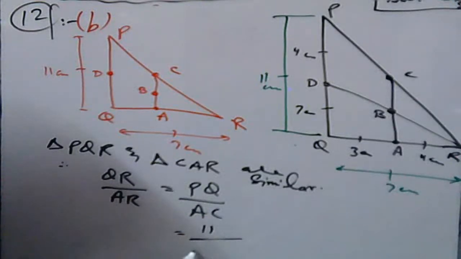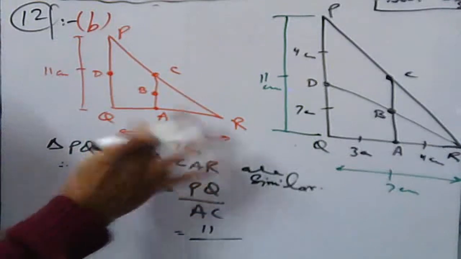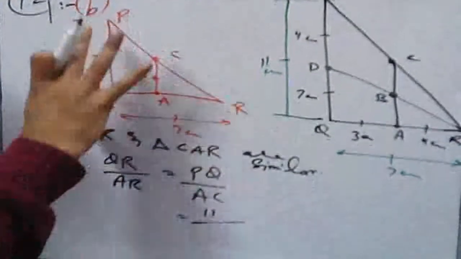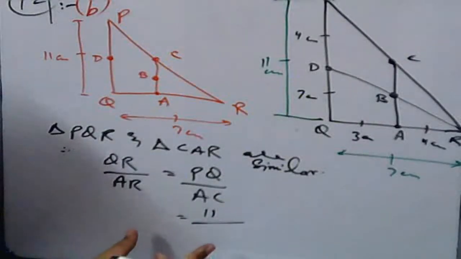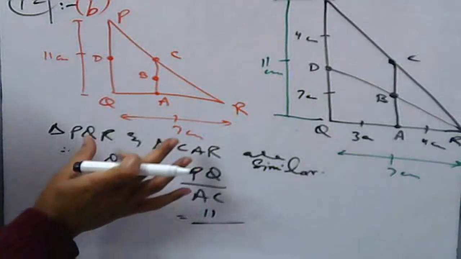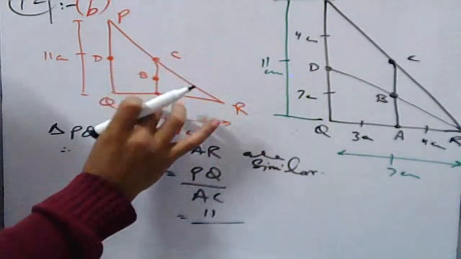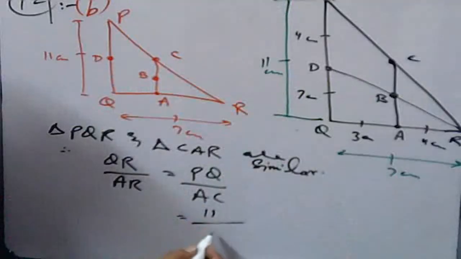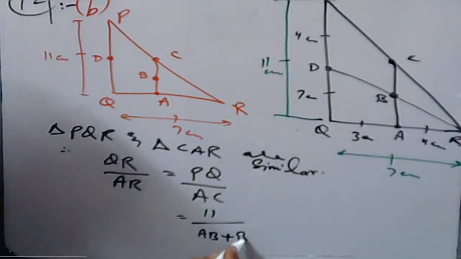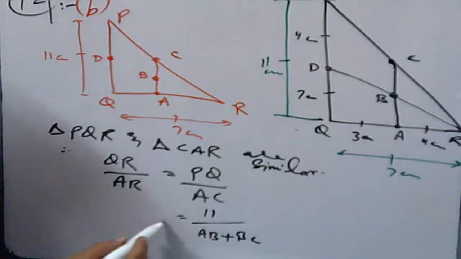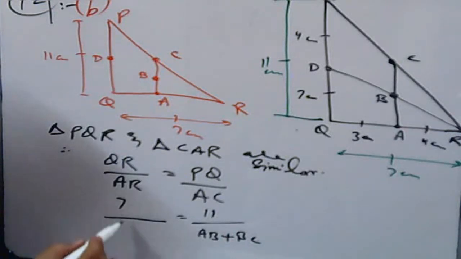Now the value of PQ is 11, but AC, that is AC full, is AB plus BC.